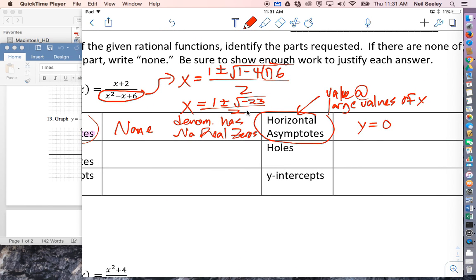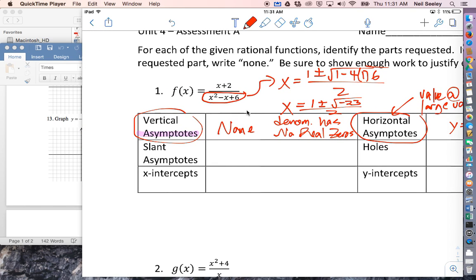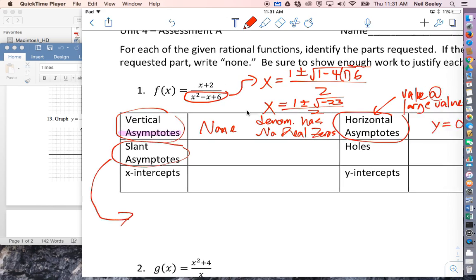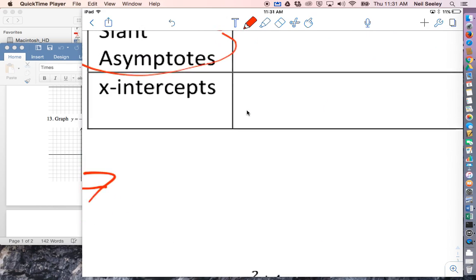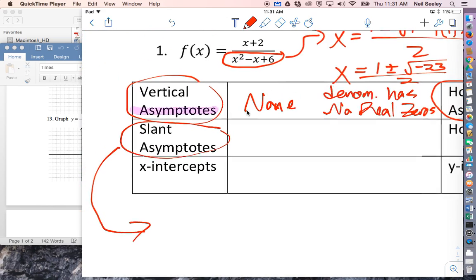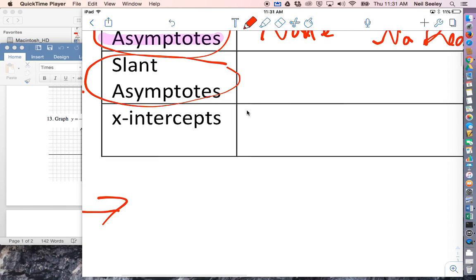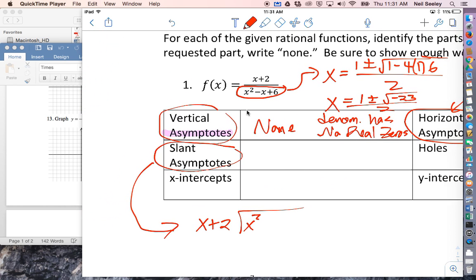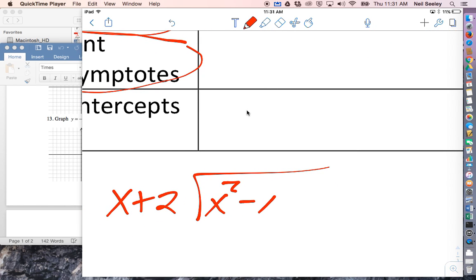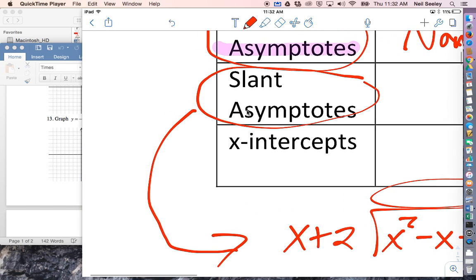Okay, and then when it comes to slant asymptotes, that's actually a poor definition. We should just be saying end behavior. One of the ways we can determine the end behavior is by long division. So if I long divide this problem, x plus 2 divided by x squared minus x plus 6, and you try and long divide that, the quotient ends up being your slant asymptote.